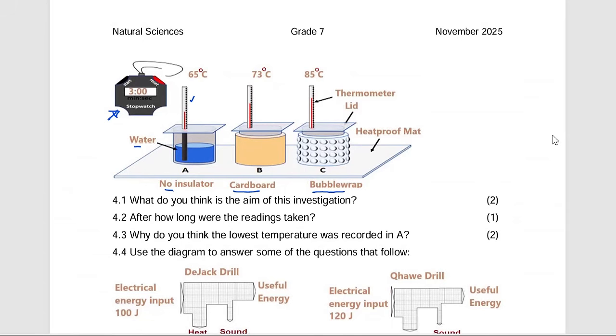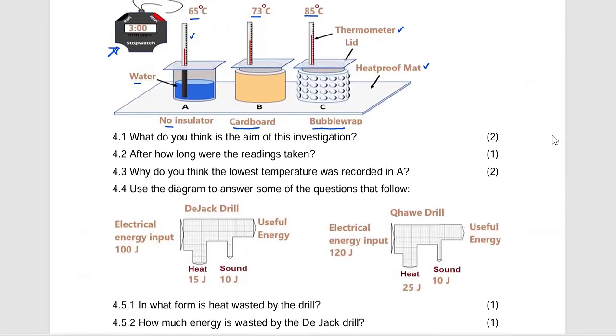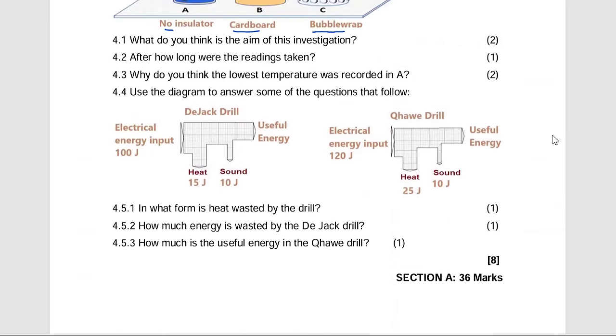Then here they put a cardboard around it. Then here, what did they do? They put a bubble wrap around it. Then heat-proof mat, and then thermometer lid, right? So now we can see we are having different readings on these thermometers, right? Now they are asking us, what do you think is the aim of this investigation? So the answer for this aim is to investigate.